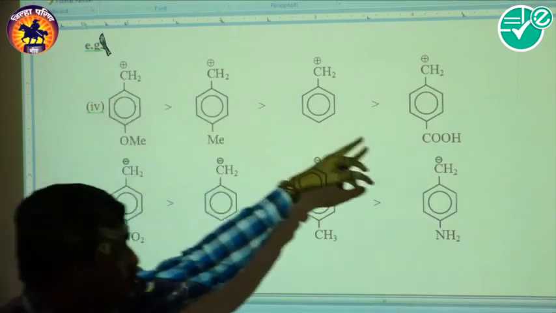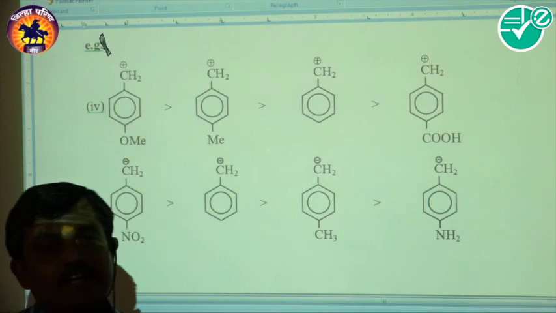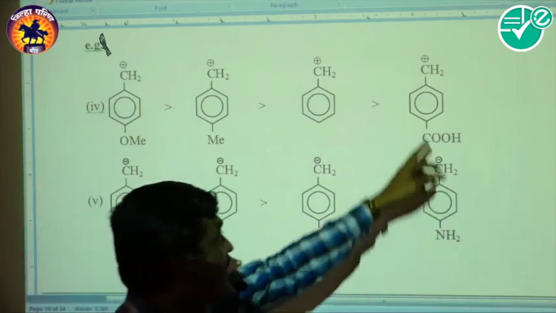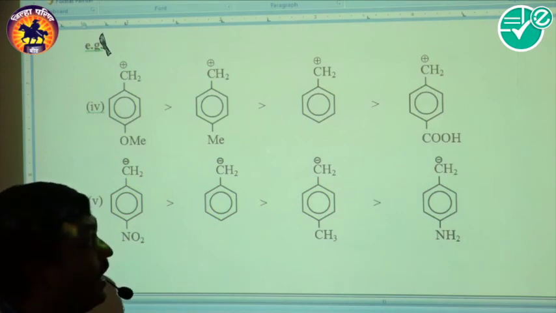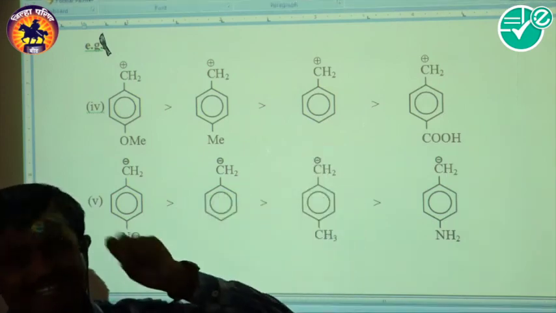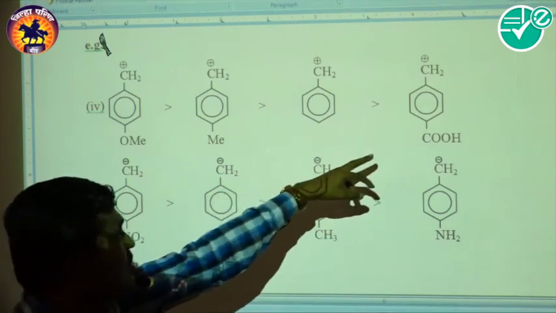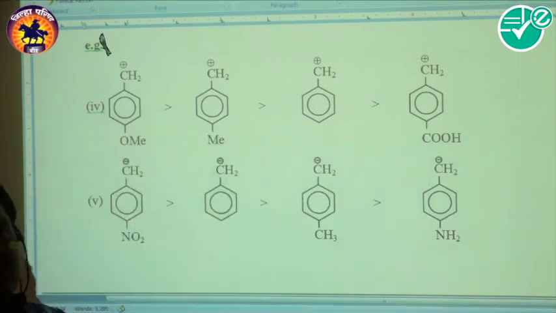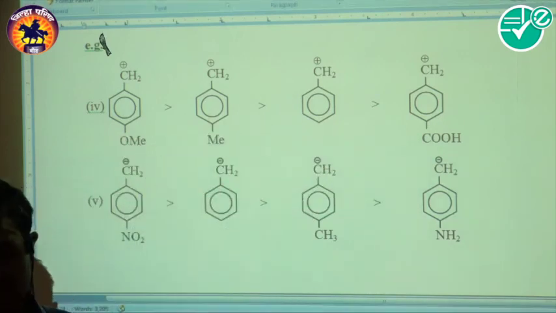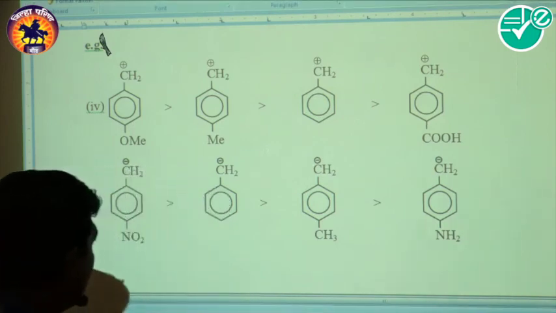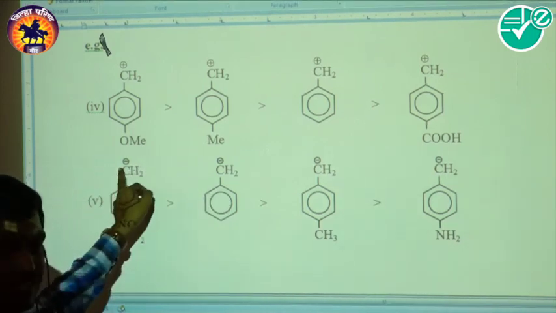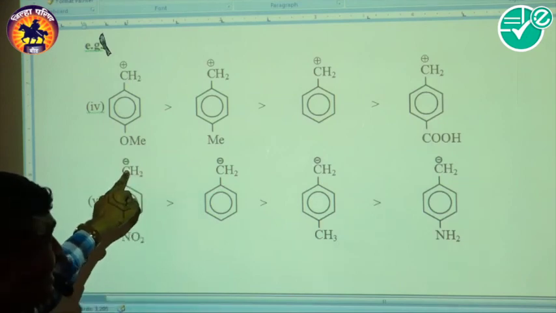This CHO has a negative mesomeric effect, and because of that the carbocation is less stable. The methoxy one is more stable because the methoxy group gives a positive mesomeric effect.